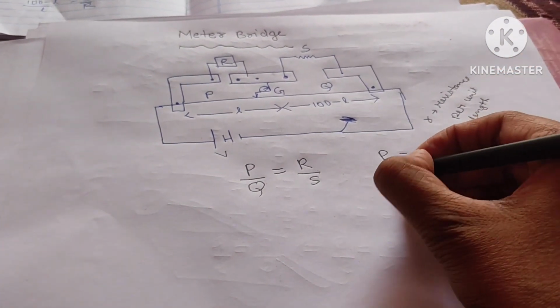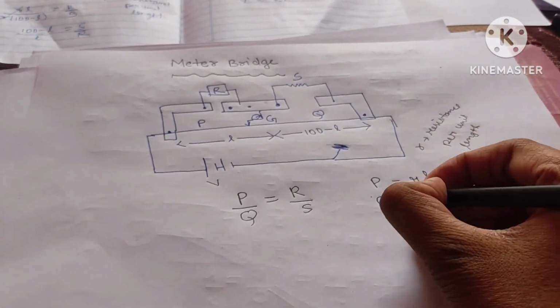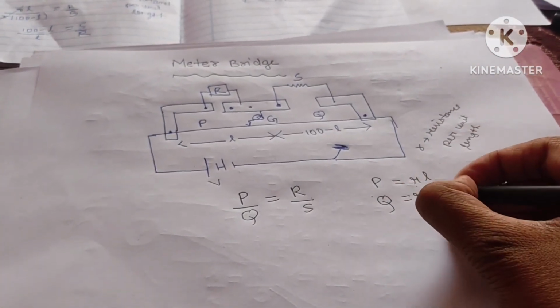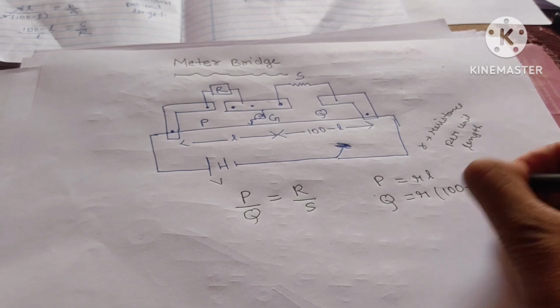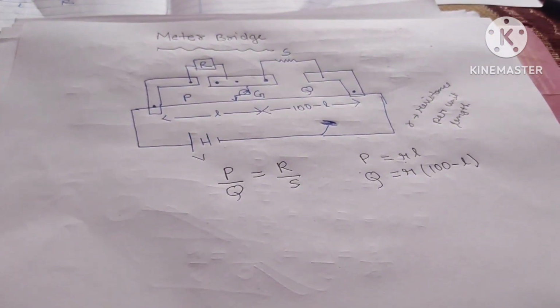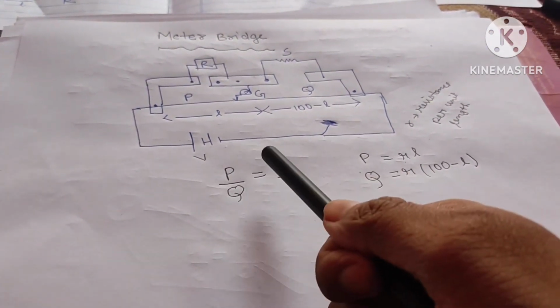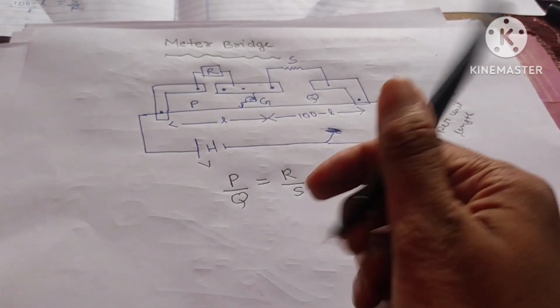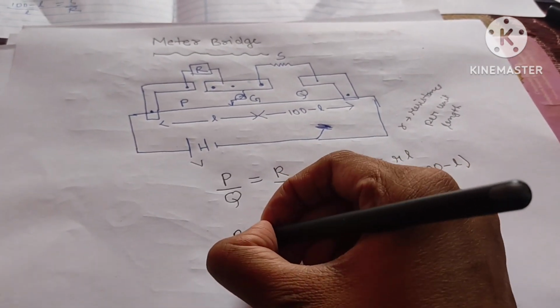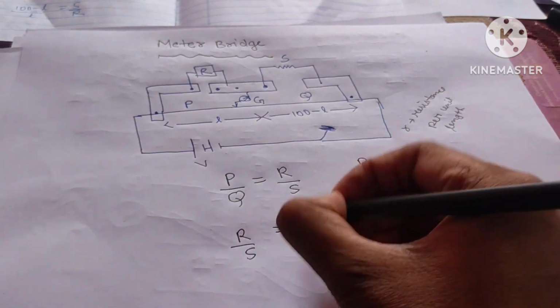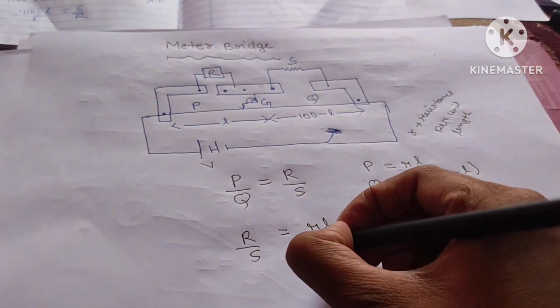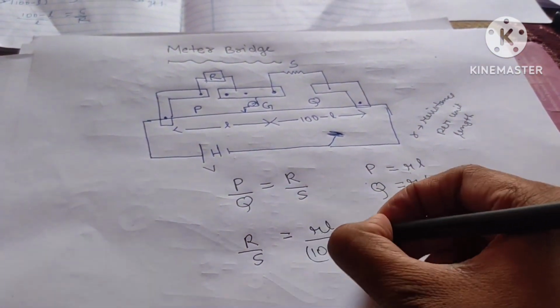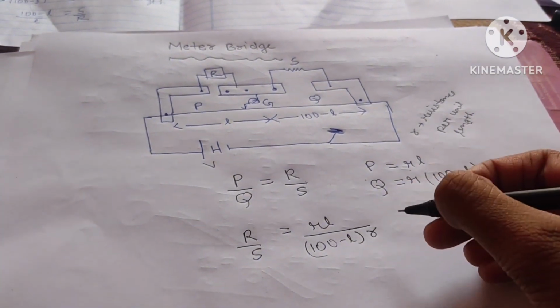And what is Q here? Q will be r into 100 minus L. Okay, so put P and Q here. So we have R by S equal to rL by r into 100 minus L. So r and r will get cancelled.